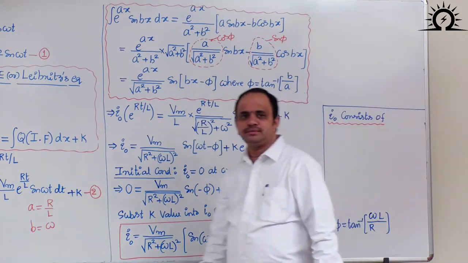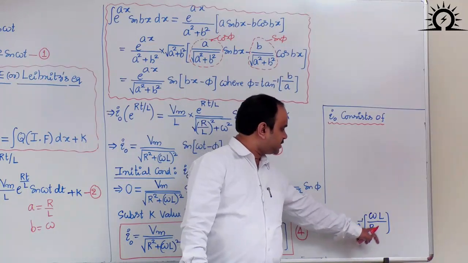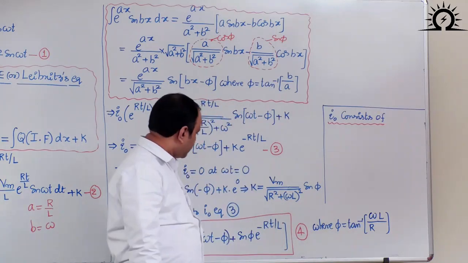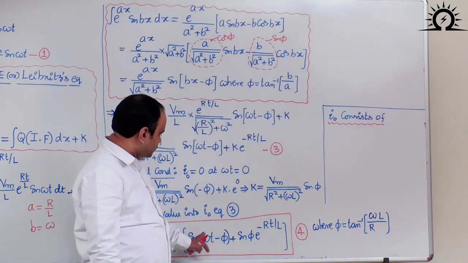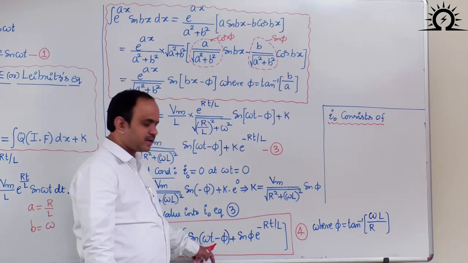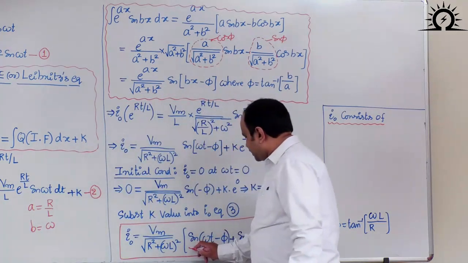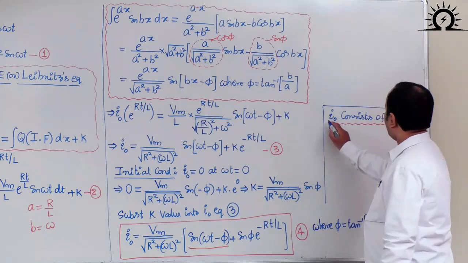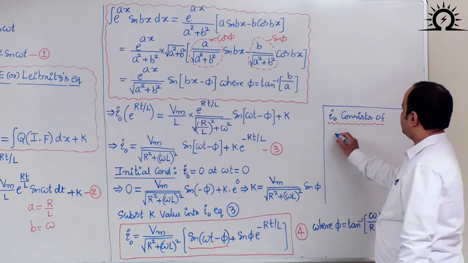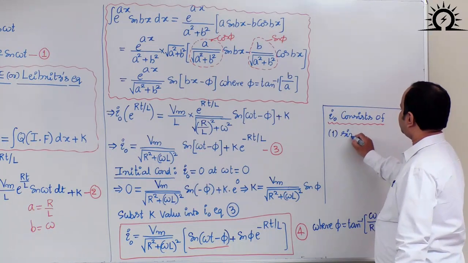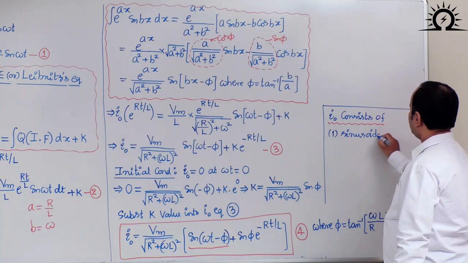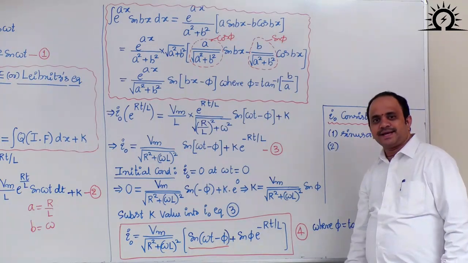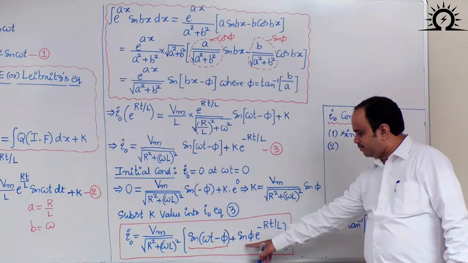For the given load resistance, inductor and source frequency, the phi value is also a fixed value. Therefore the variable here is omega t. T is the variable. That means this particular term will decide the waveform shape. So what I can write here, I naught consists of first a sinusoidal term. Then what is the second term? Sin phi is a constant, no need to worry about this number.